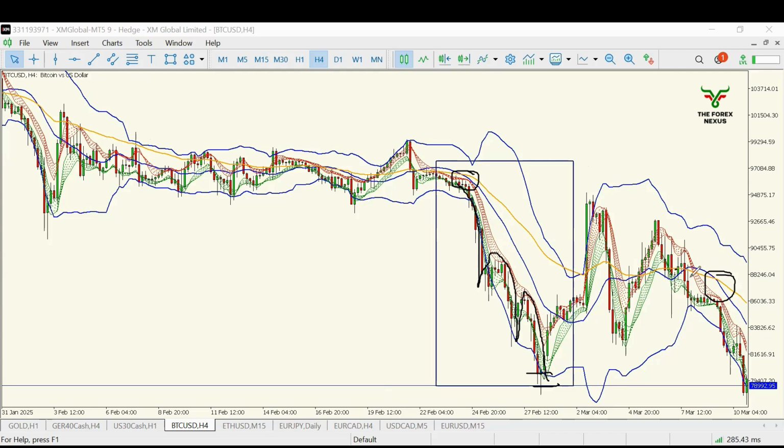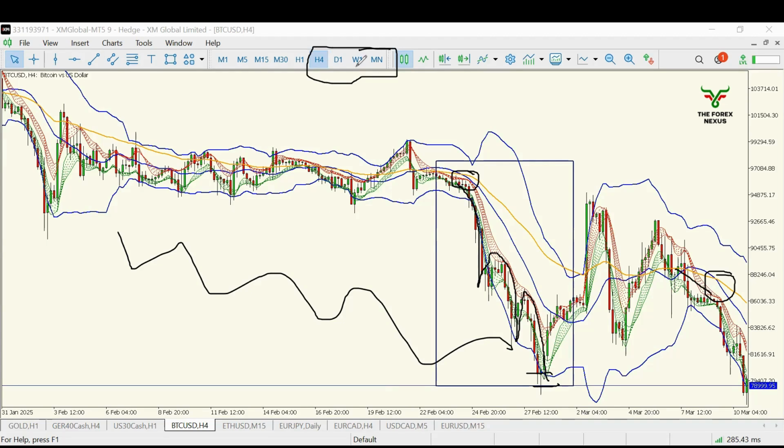But remember you need to follow the major trend as well. Major trend is this one. It's for daily, weekly, and monthly. So our market is shifting from bullish to bearish. So now we can see that on BTC market is dropping now.